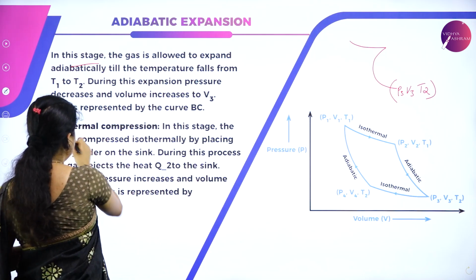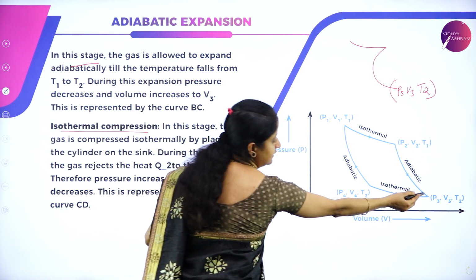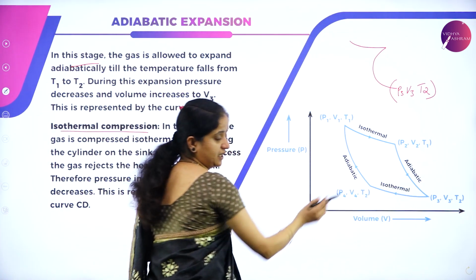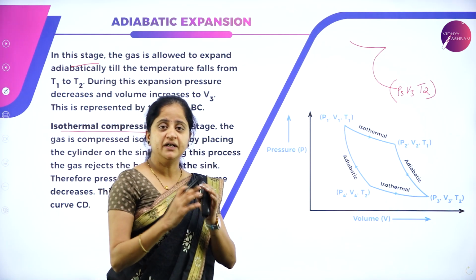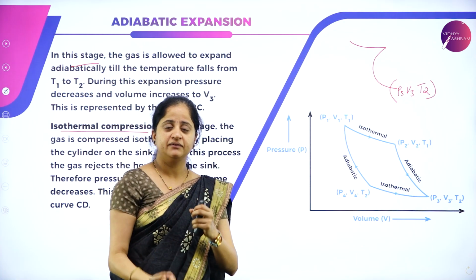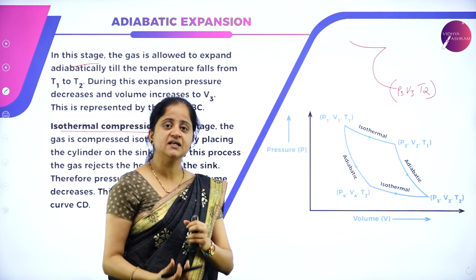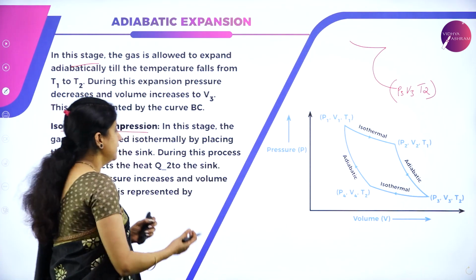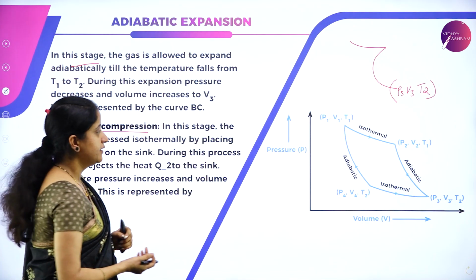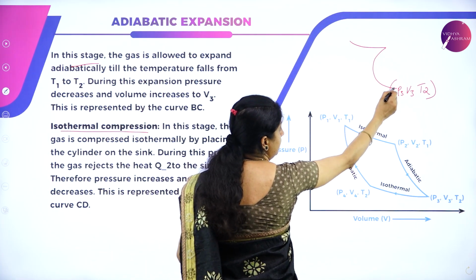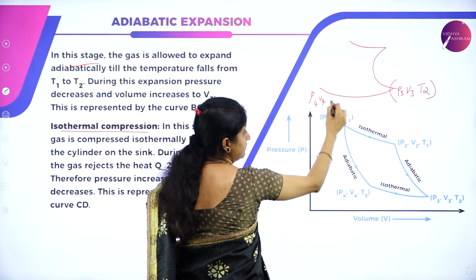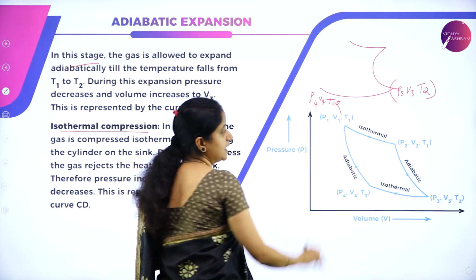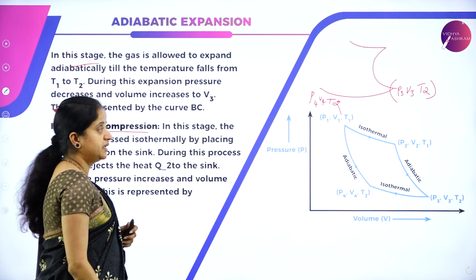So next is isothermal compression. You can see the third stage, it is isothermal compression. This can be attained by placing the working substance on the sink. When it is placed on the sink, the working substance will release heat to the sink, so that pressure and volume change from P3 V3 to P4 V4, and since it is isothermal compression, the temperature remains constant and hence it is retained at T2 itself.